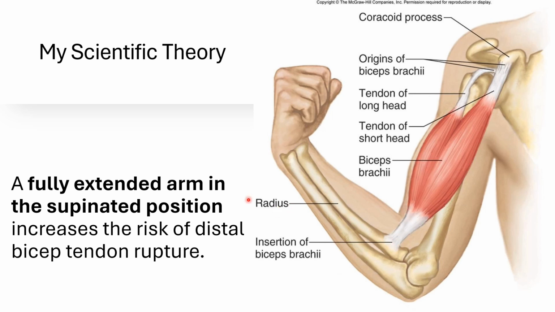It's connected to the radius bone, and the rupture I'm talking about is this coming off of this radius bone. Okay, and now this is my theory, and I have two explanations of mechanisms why this happens in the extended arm position when the hand is supinated, meaning palm up.